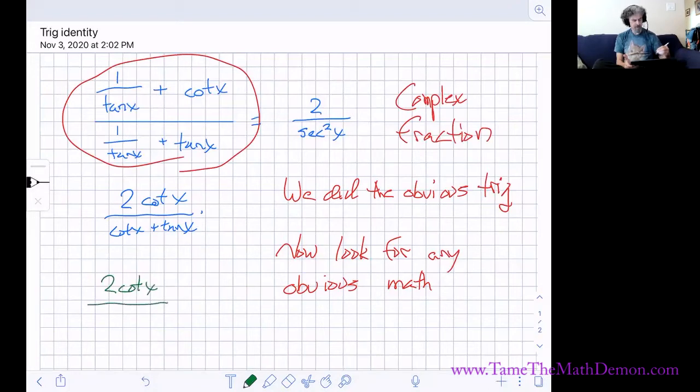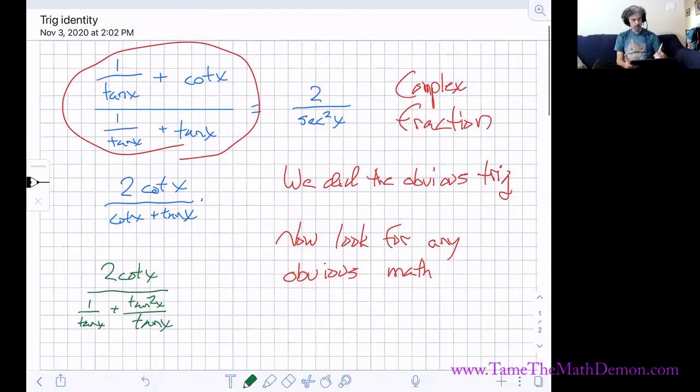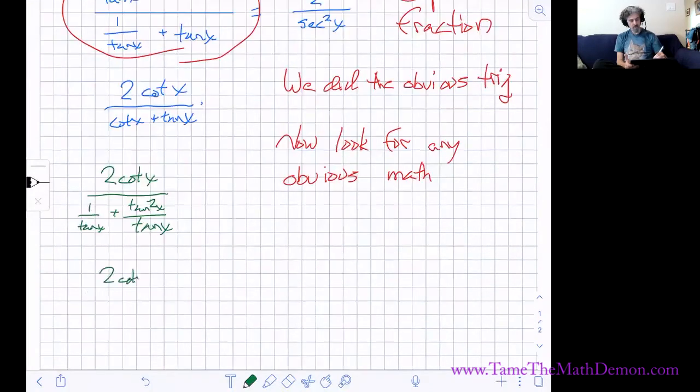But for the denominator, I am going to do my best to give that denominator an LCD and turn it into a single fraction. So 1 over tan, and then tan x becomes tan squared over tan. And so we really have 2 cotangent x all over 1 plus tan squared x over tan x.